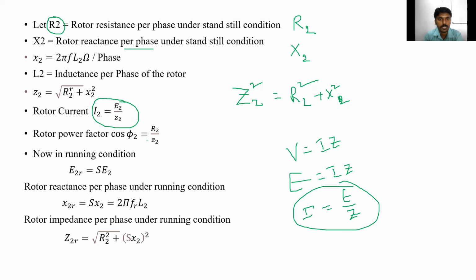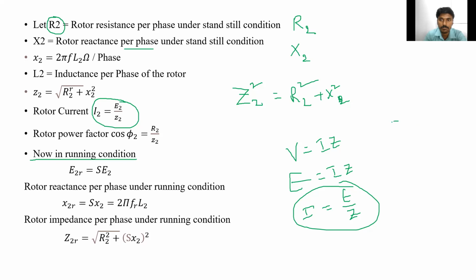Rotor power factor cos phi 2 is equal to the ratio of the rotor resistance to the impedance of the rotor circuit. Now in the running condition, we know the formula E2R is equal to S into E2. The rotor reactance per phase under the running condition, X2R, is equal to slip times the rotor reactance under the standstill condition.